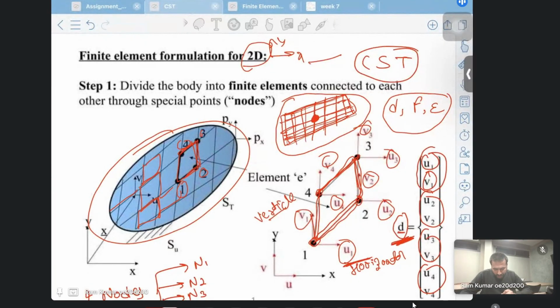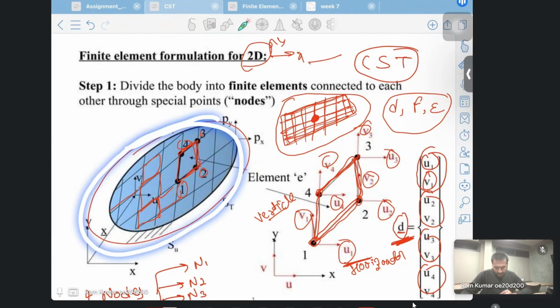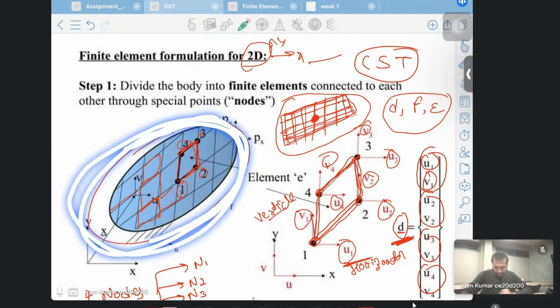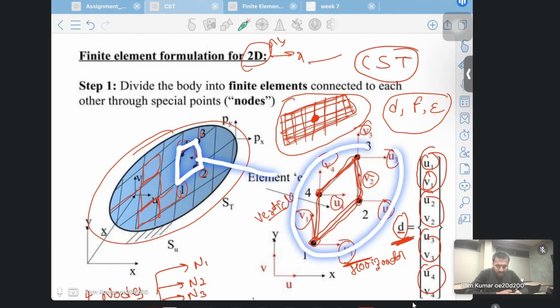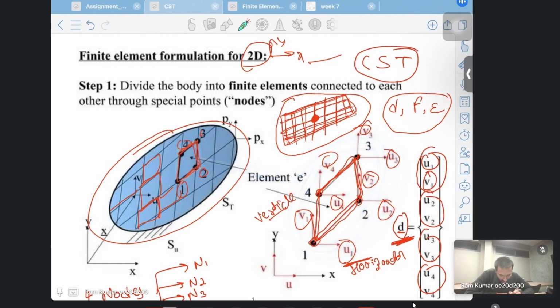So I started from here. We have any 2D element, and we break this element into a number of small elements. In this domain, we have one of the elements, which I have taken from here to there, and it has a total of 4 nodes: node 1, node 2, node 3, node 4.